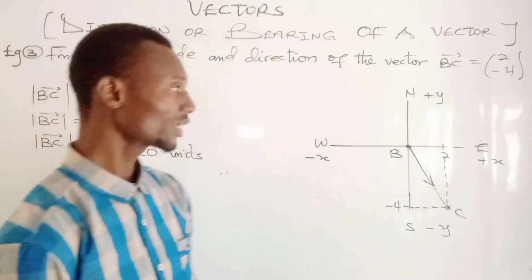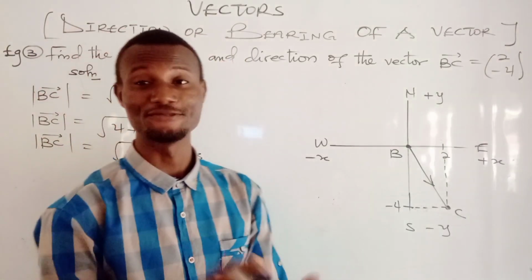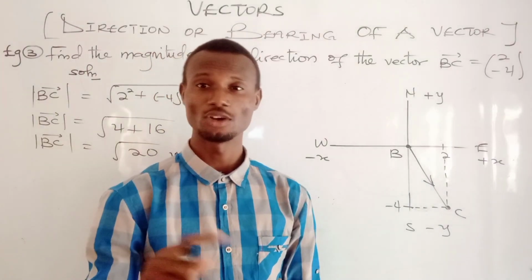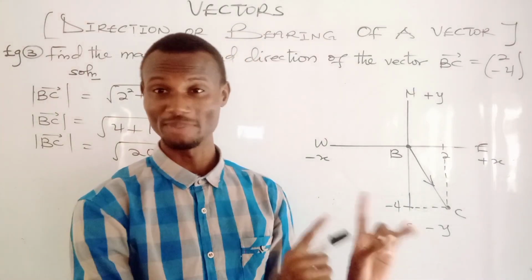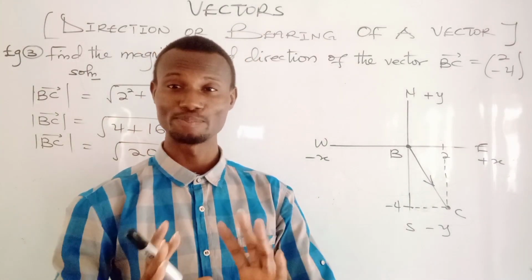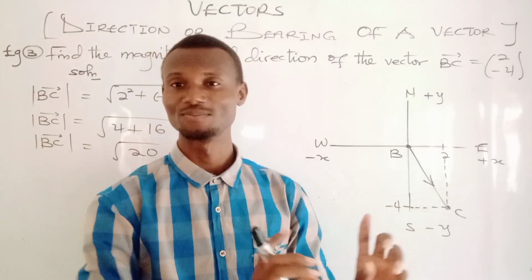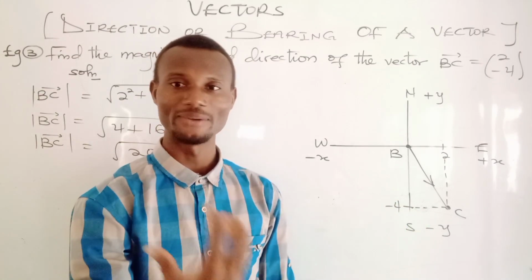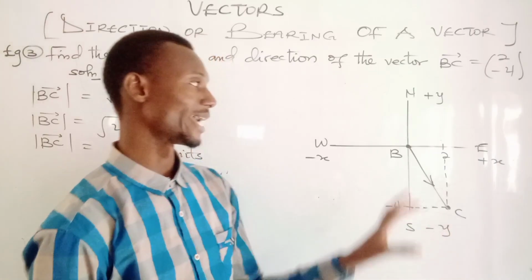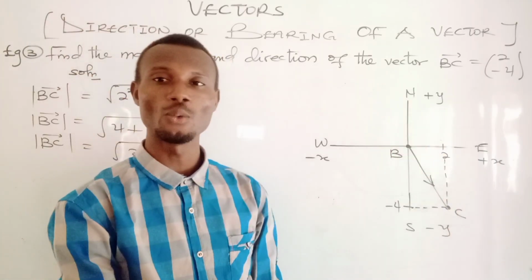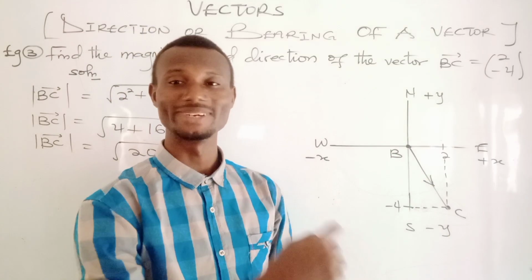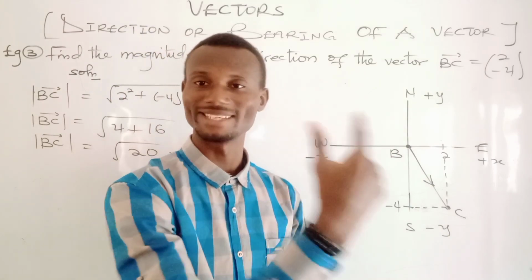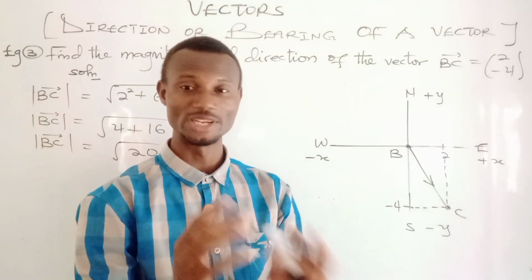So now we are interested in finding the direction of the vector BC. I explained in the previous video that anytime you are reading the bearing or the direction of anything on the cardinal points, you always start reading from the north in the clockwise direction. Please don't forget that.